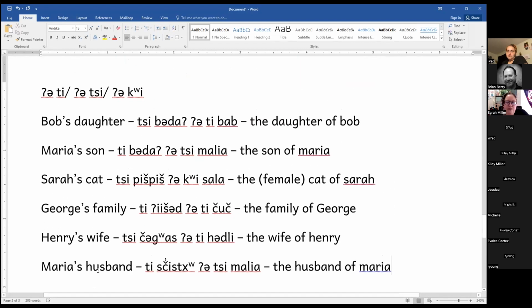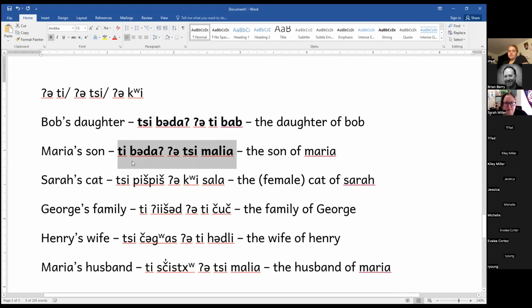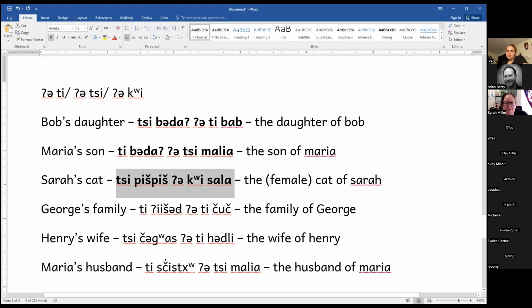So let's go ahead and go through. I'm going to bold them because I want them to stand out a little bit more. Si bada ti bob. Ti bada si Malia. Si pish pish qui sala.